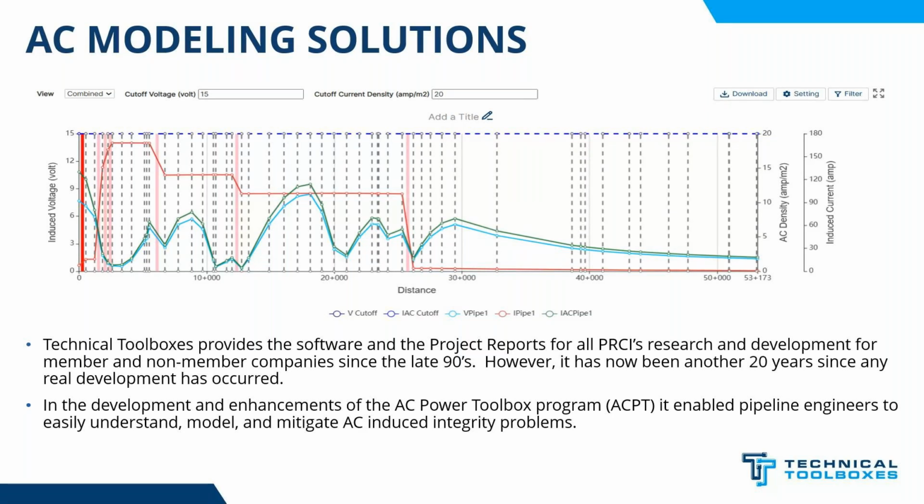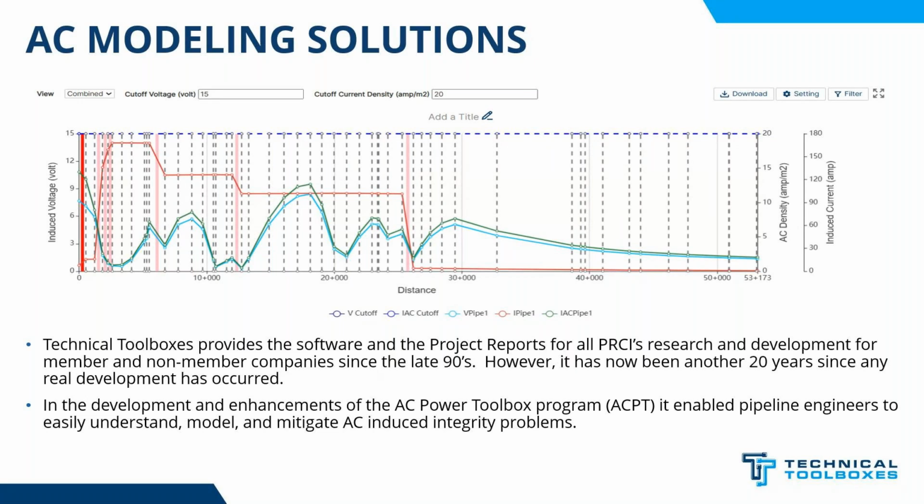And we get questions all the time about, should I use 20? Should I use 30? Should I use 50? What should I use? And we'll talk about that later, what criterion you should look at, and also your DC current density.